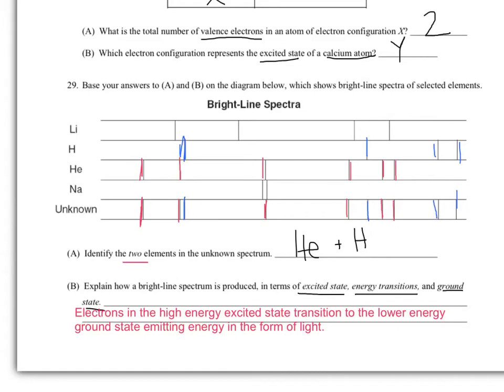So here we have electrons in the higher energy, in the excited state. So we can see that I've incorporated that term. Transition to a lower energy. So this shows the energy transition to the ground state. So I'm using that word to emit energy in the form of light. So make sure that you hit all of the terms that they ask for in a free response question.